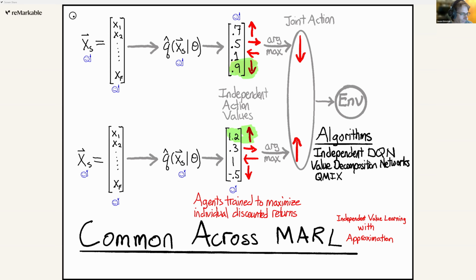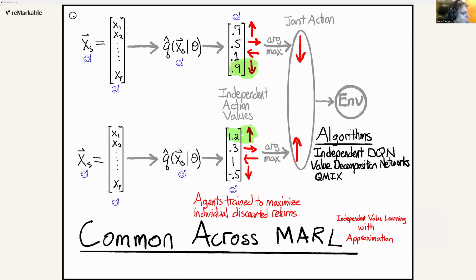This is independent learning, meaning each agent learns on its own with its own observations. It gets its own reward signal from the environment, but it's not directly using information it knows about the other agent. The information about the other agents in the problem will be incorporated through training just by the rewards it gets, but it's not explicitly using that information.